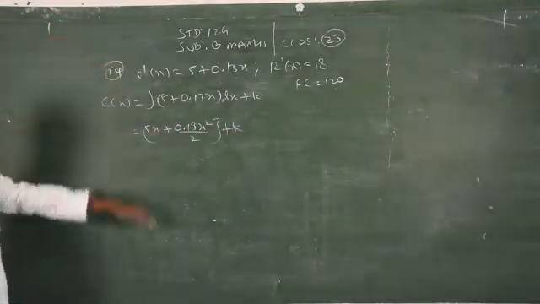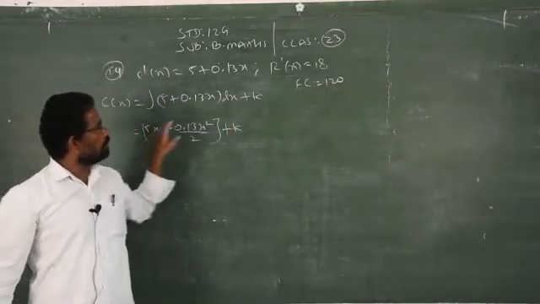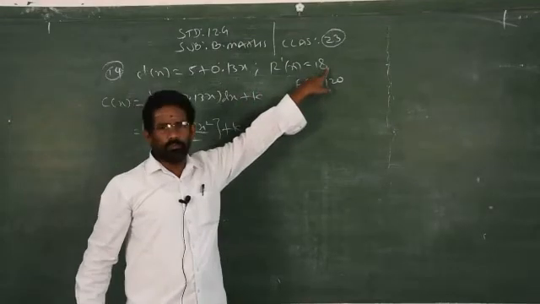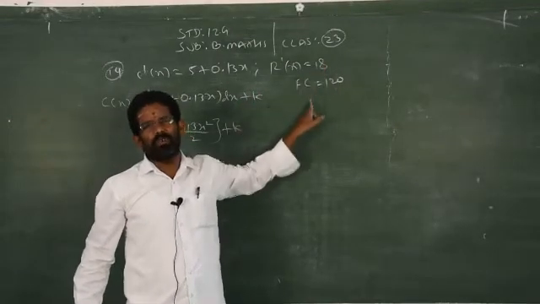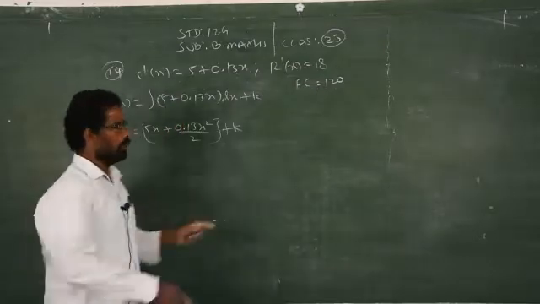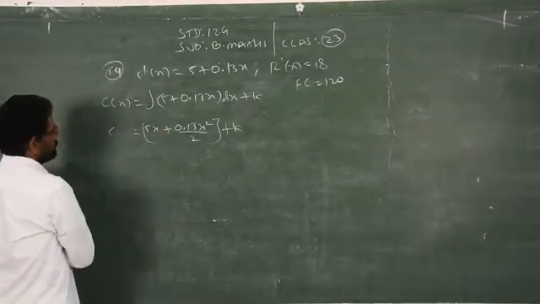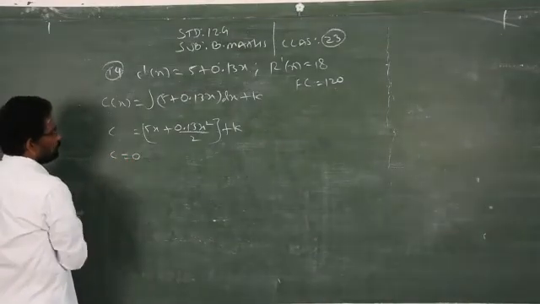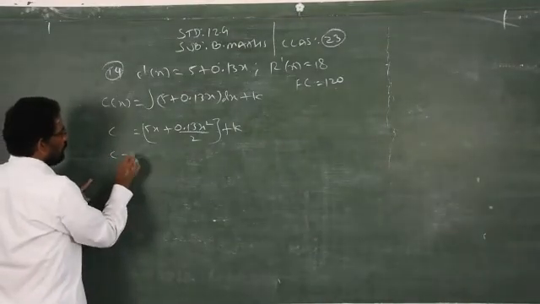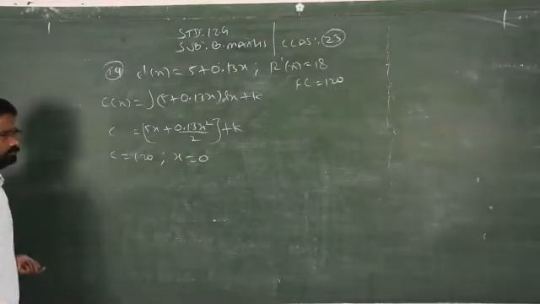As usual, when fixed cost is given, you have to use fixed cost only for the cost function. Don't use the fixed cost for the revenue function. Clear? Cost refers only to the cost function. So when fixed cost is given, you take cost is 120 and number of units is 0.